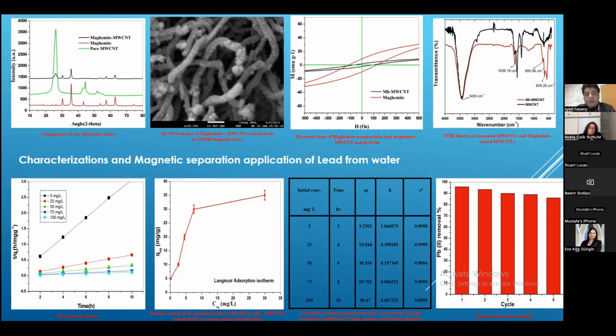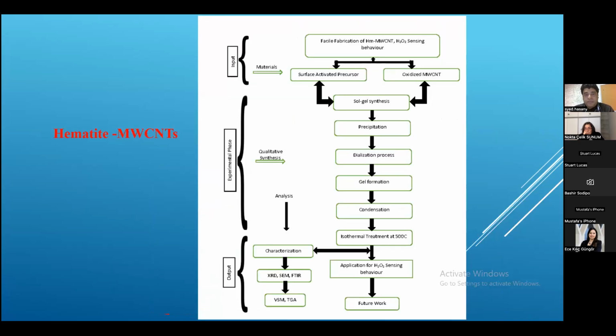This is an application we have got for multi-wall carbon nanohybrids. In order to prepare hematite multi-wall carbon nanotubes, all the steps are very similar, but the isothermal treatment was a bit different because of the temperature conditions we introduced, and we heat the nuclei at 500 degrees Celsius to get pure hematite-based multi-wall carbon nanotubes.